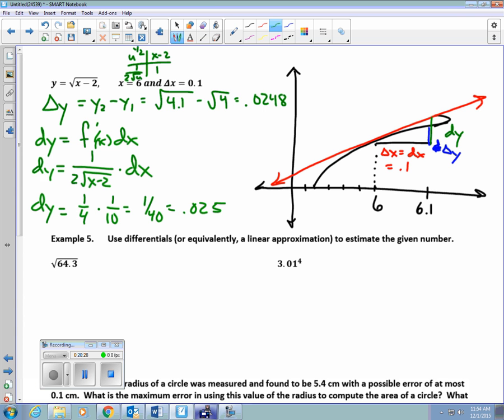Are those close? You can see that if you were to round this to the nearest thousandth, you can put 0.025. So very close.